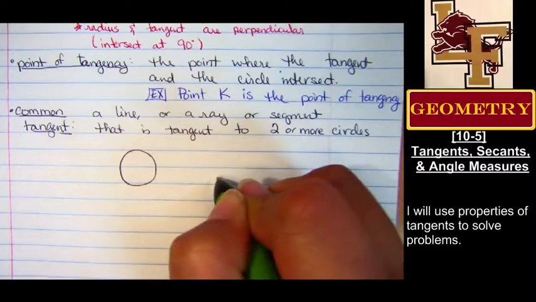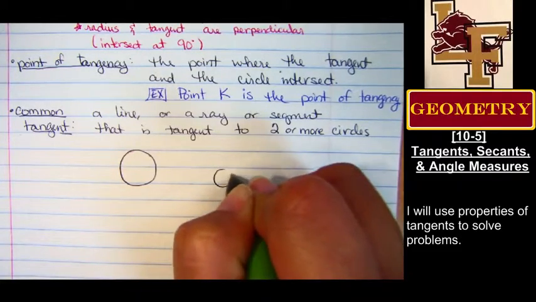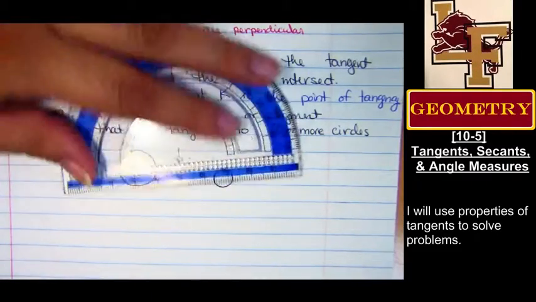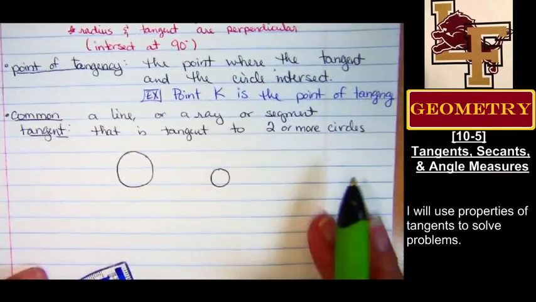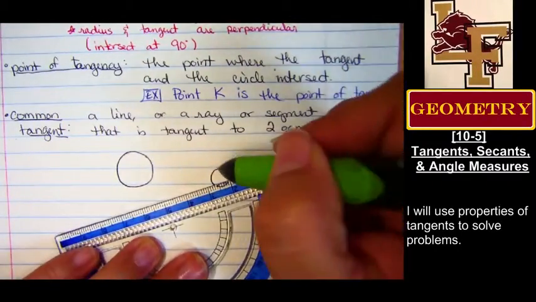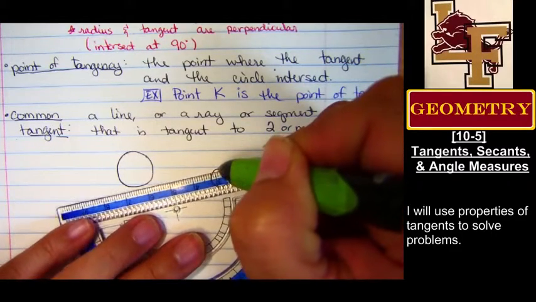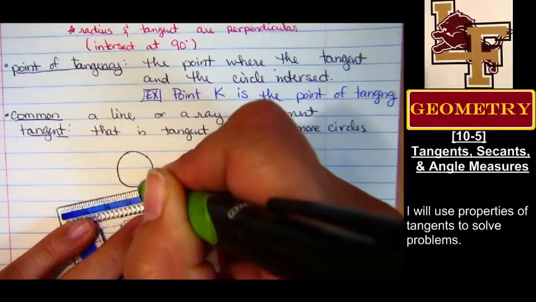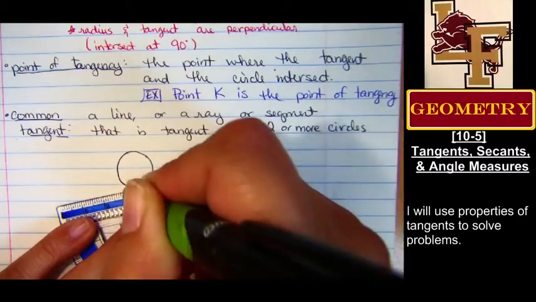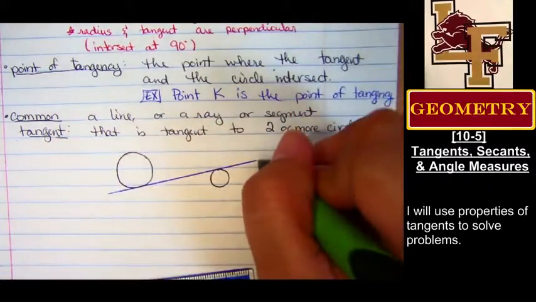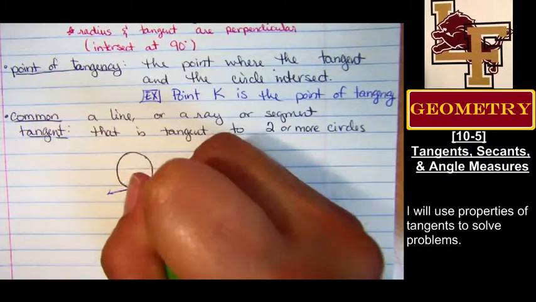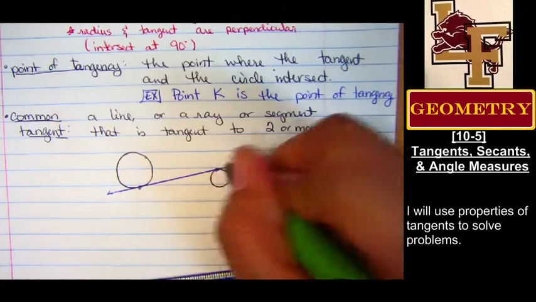There's one circle. Here's another circle. Sorry. You guys are still writing. Okay, and then I'm going to put my pen here, put my pen here, and that one line appears to be touching each circle in just one location.